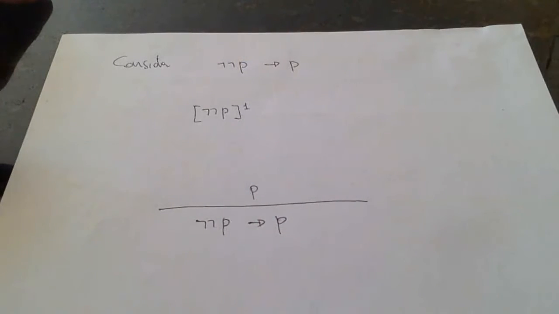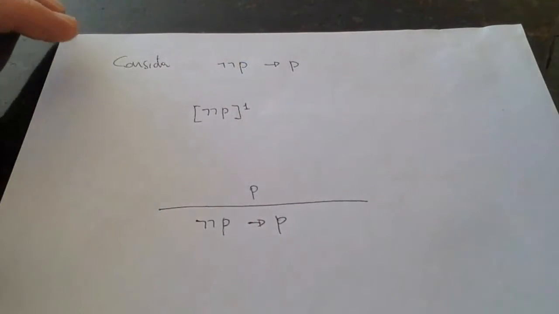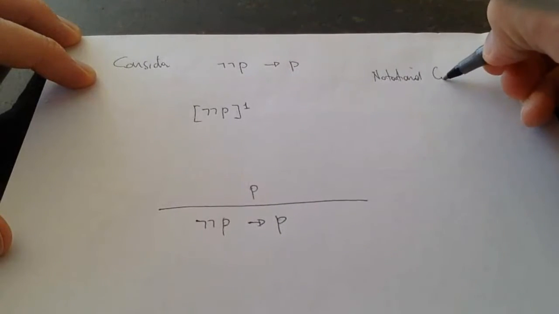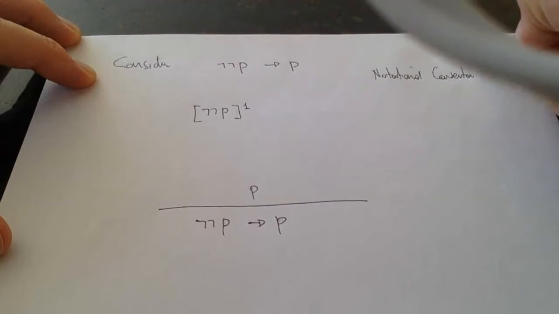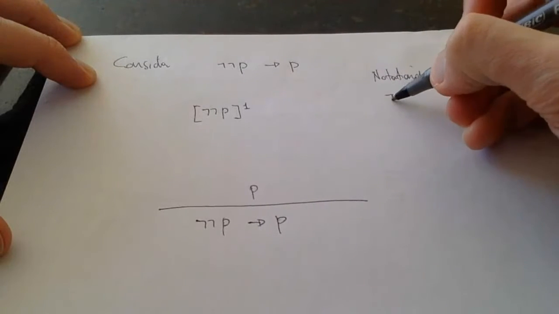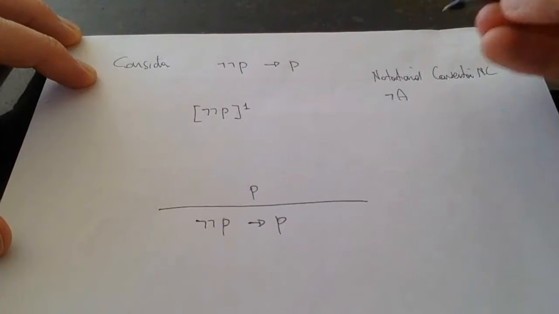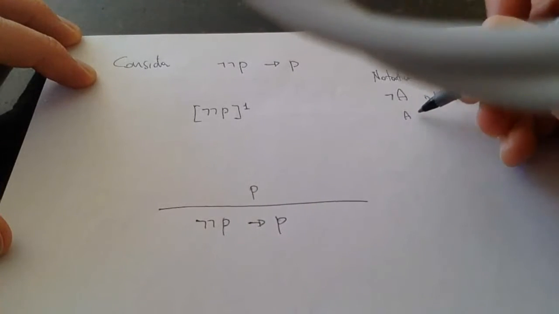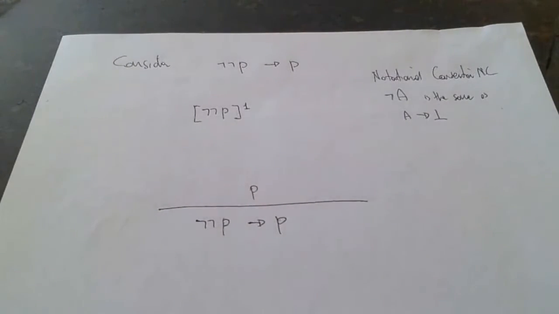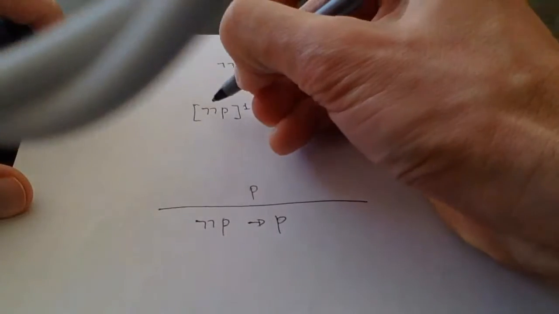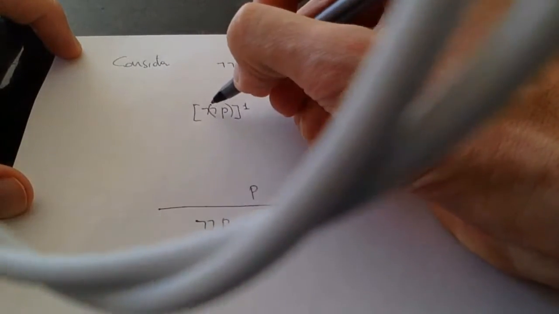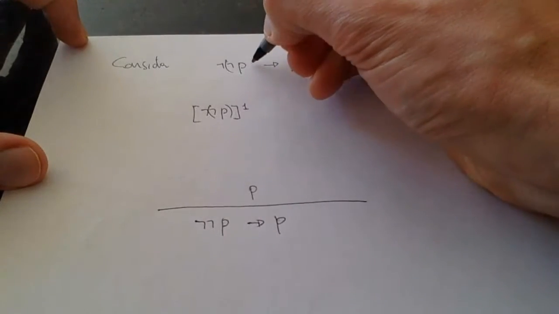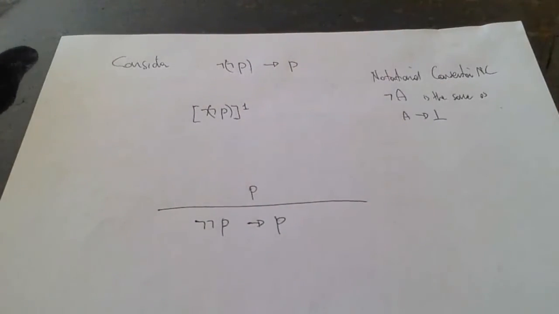Now our notational convention, NC, tells us that a formula that has the shape of not A is the same as A implies the contradiction. So not not P, which I should write as not, parenthesis, not P, close parenthesis, just to be precise, has the shape of a negation.